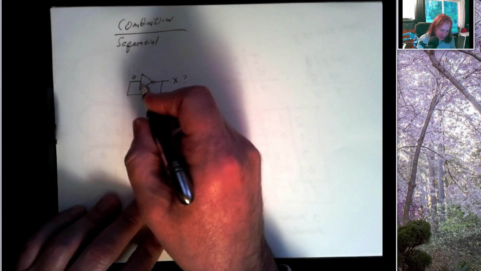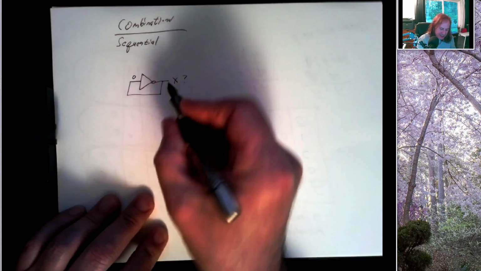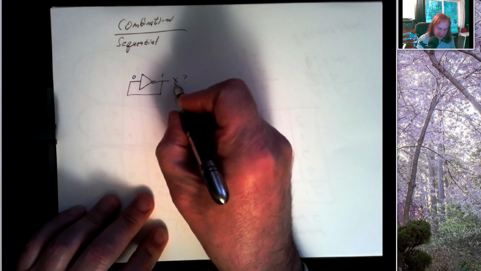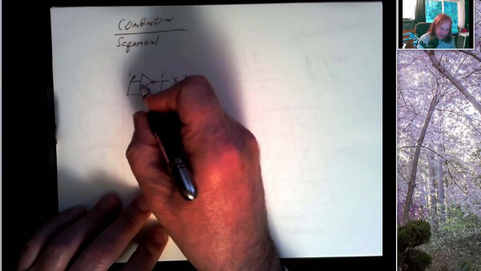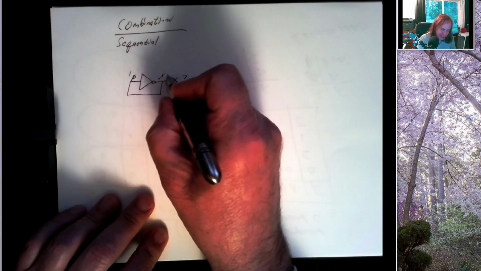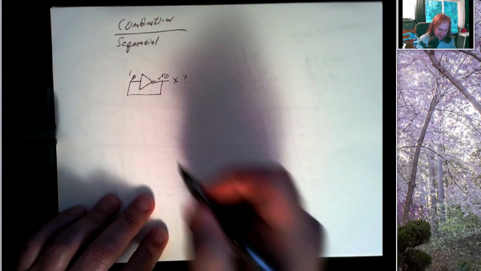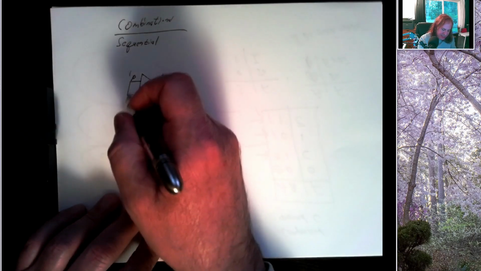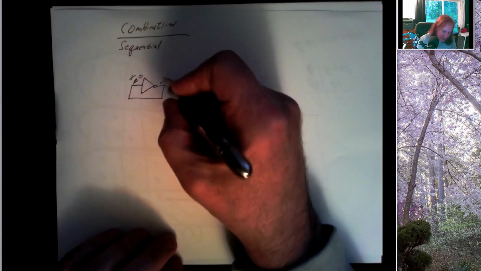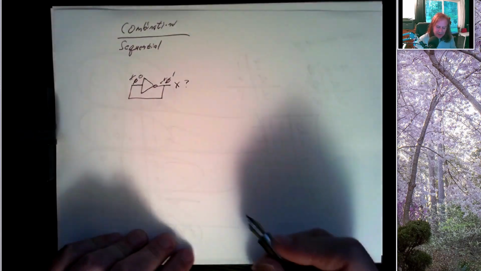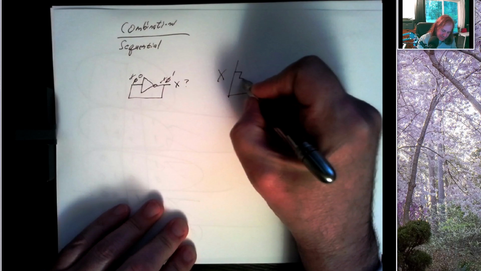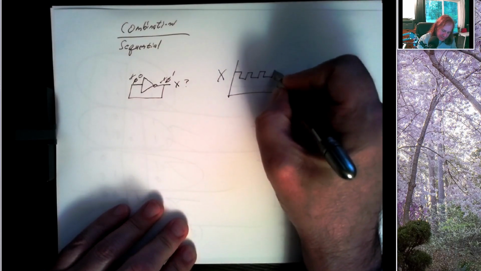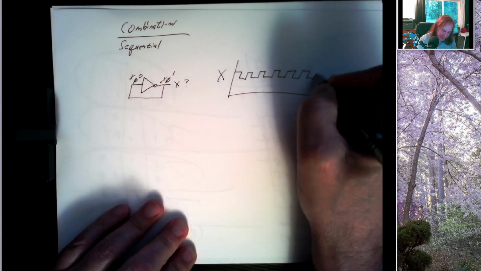So that 0 goes around here. Since this is an inverter, that 0 is going to change into a 1. X is going to become a 1. That 1 is going to come around to the input of this inverter, and the inverter is going to change it into a 0. And then when we have a 0 coming out on X, that's going to go to the input, and the input of the inverter being a 0 means the output will become a 1, and so X will go high. All by itself, X will tend to oscillate, go back and forth.